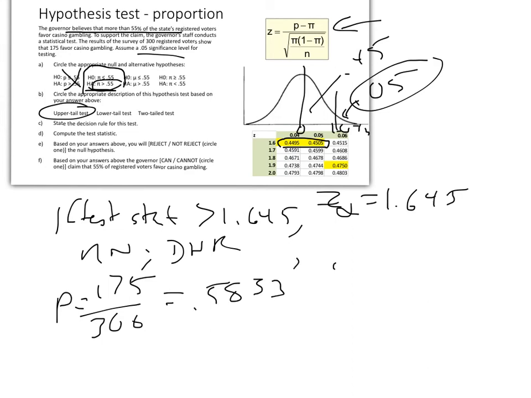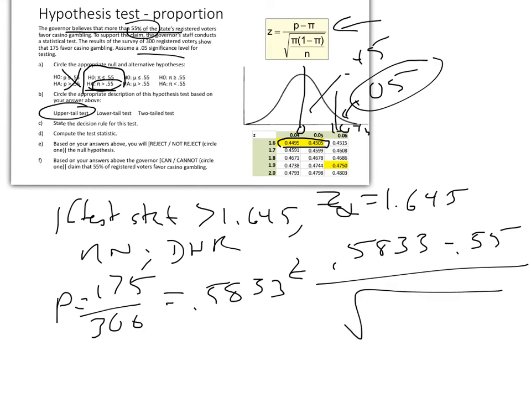So z is going to be 0.5833 minus 0.55, and I got the 0.55 from our hypothesis statements, either way. Then we divide that by the square root of 0.55 times 1 minus 0.55 over 300.